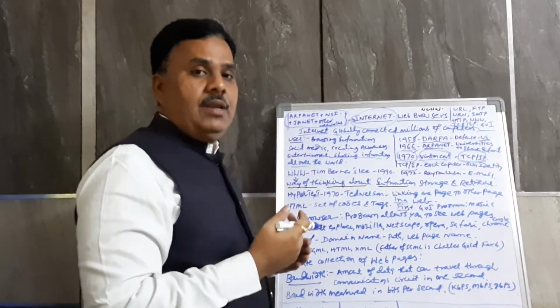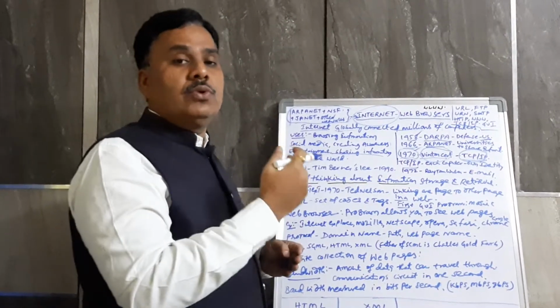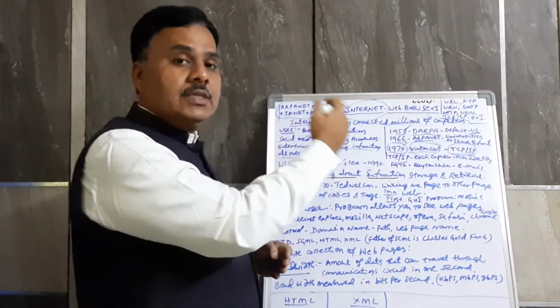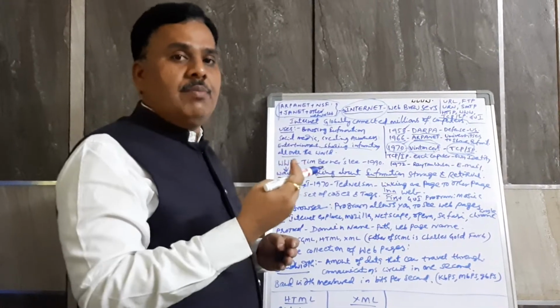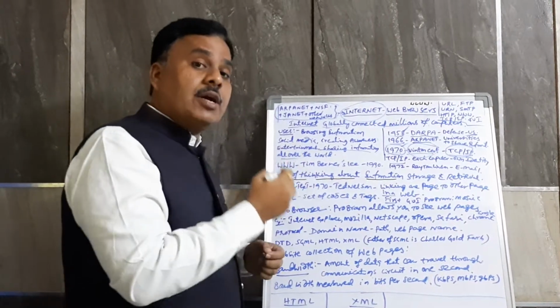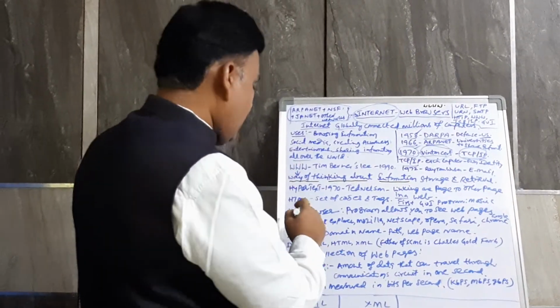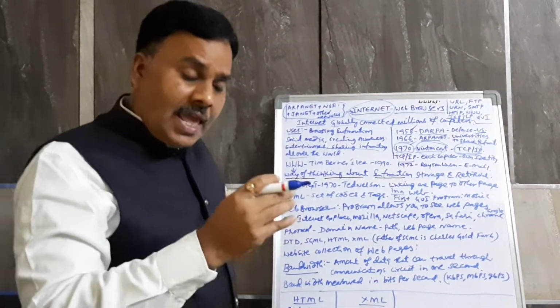Then HTML, Hypertext Markup Language, plays an important role to create the web pages in the internet. If you see how it is developed, before HTML there is SGML, Standard Generalized Markup Language, then HTML, and XML.